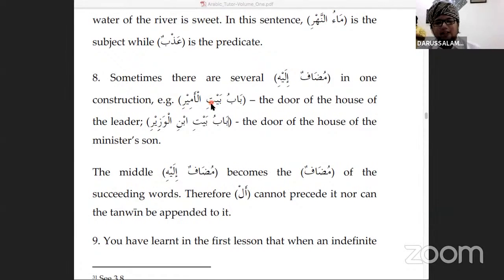So baiti here cannot have alif lam. You cannot say, for example, babul baiti. You say babu baiti al amiri. So if this is a mudaf also, you cannot have the alif lam and the tanween as well.